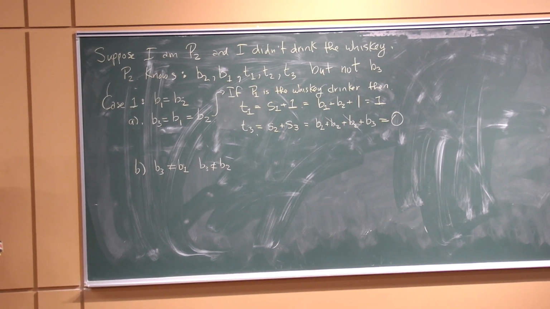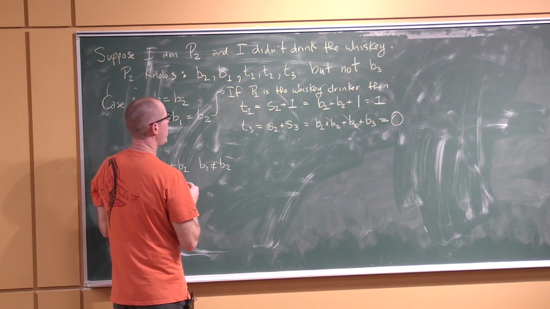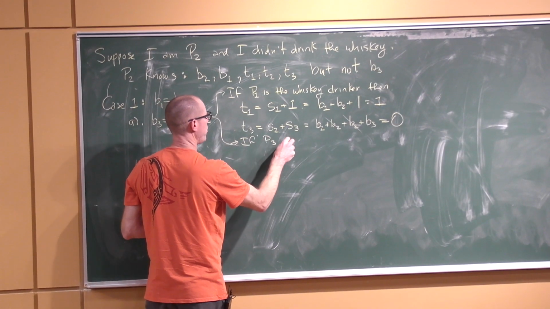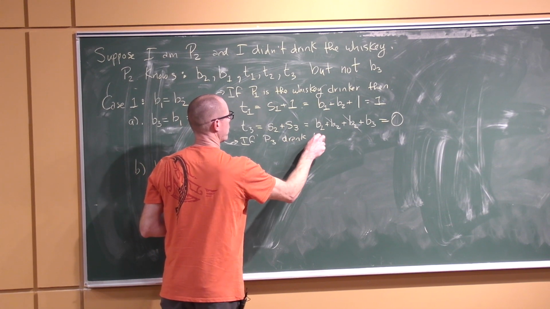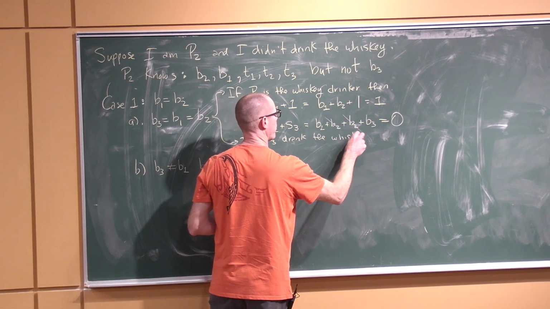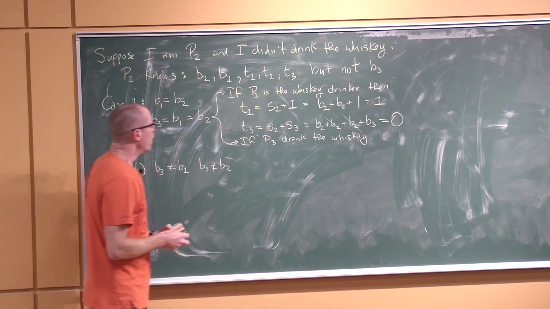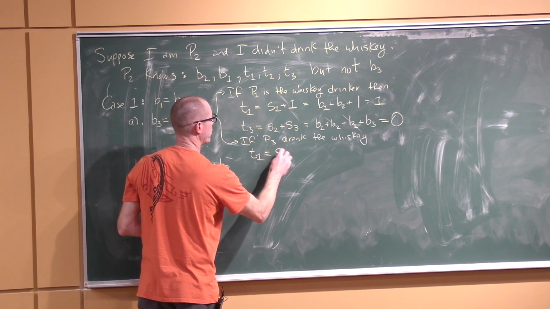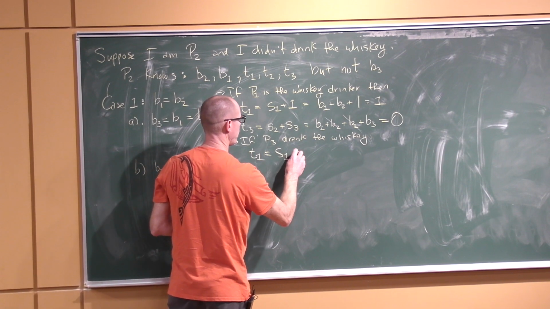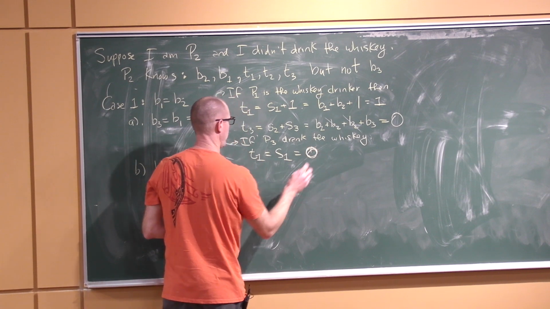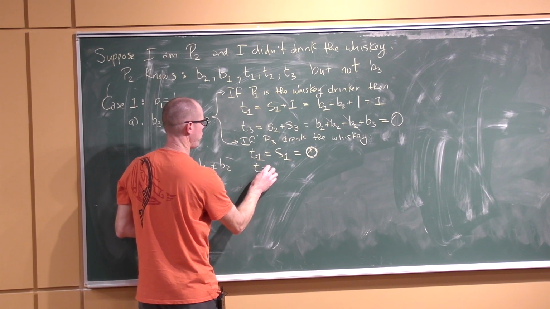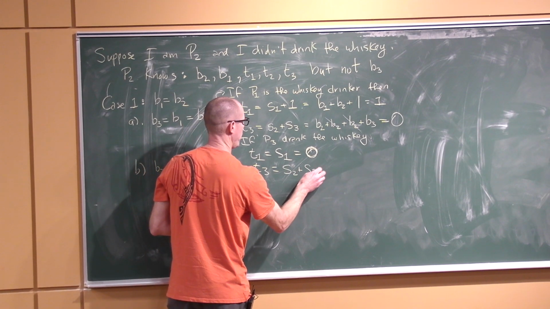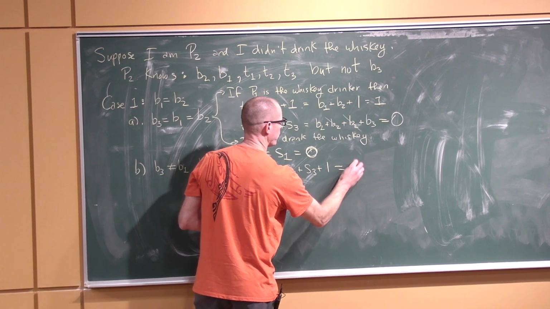All right. And on the other hand, if P3 drank the whiskey, then the situation is inverted. Then T1 is equal to S1, which is going to be equal to 0, and T3 is equal to S2 plus S3 plus 1, which is going to be equal to 1.